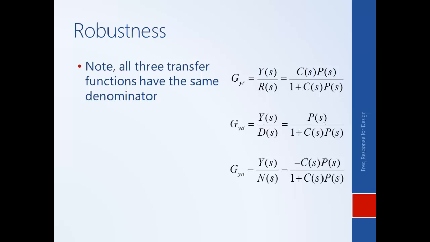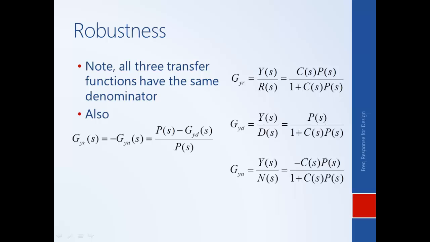And so right away you can see that if you desire to attenuate noise, you can't do that without also attenuating the reference. So here's an example of this limitation. Here you can see that the transfer function from R to Y is equal to the transfer function from N to Y, just with opposite sign.